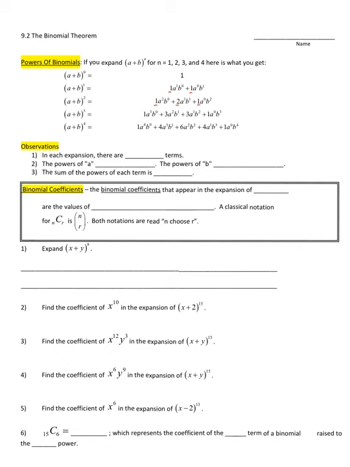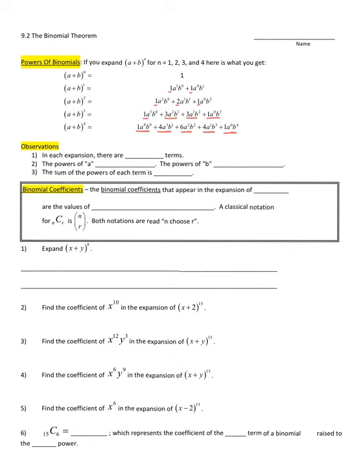A plus b cubed is a cubed, 3a squared b plus 3ab squared plus 1b cubed. A to the 0 is 1. In this example, they put the a to the 0s in and the b to the 0s in. So a plus b to the 4th is 1a to the 4th plus 4a cubed b to the 1st plus 6a squared b squared plus 4ab cubed plus b to the 4th.